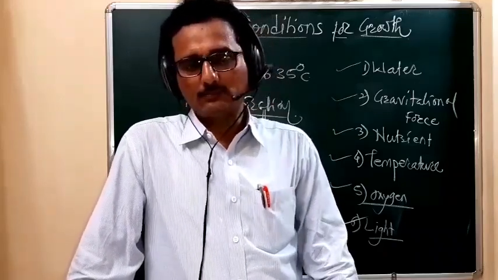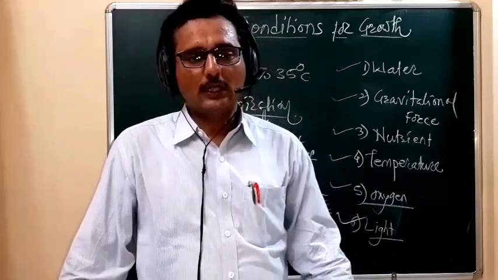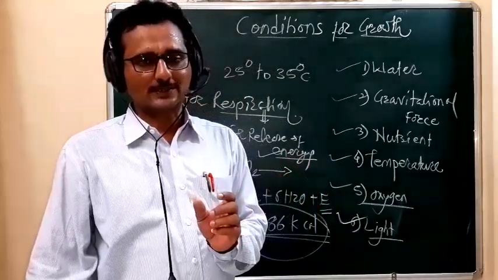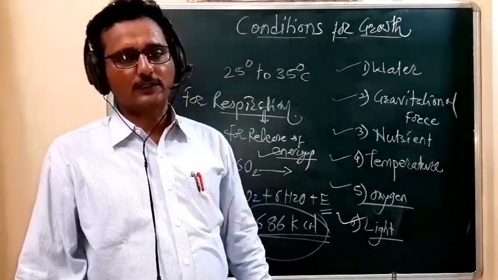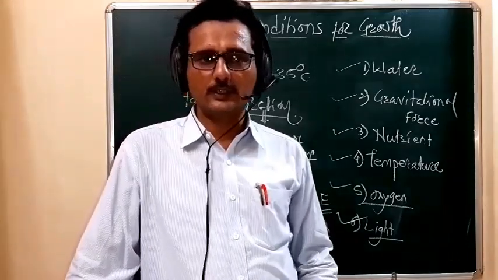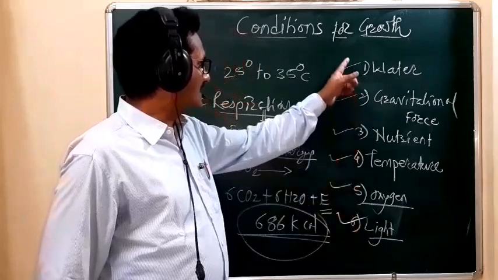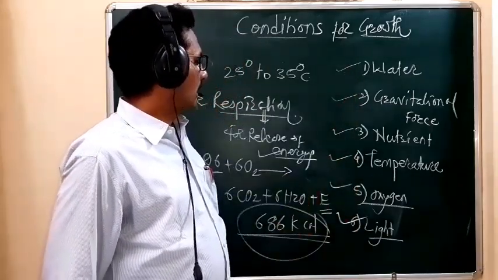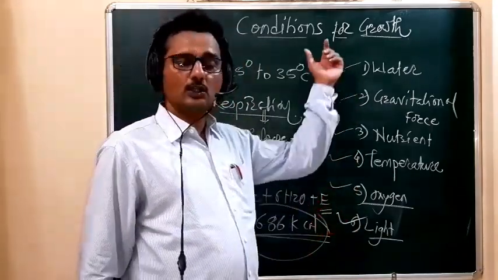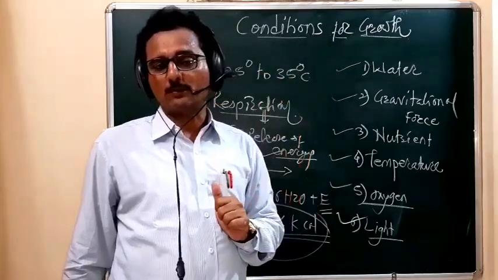So the photosynthesis process is most important for the synthesis of food material, so light is necessary. So remember, these 6 factors are required for the normal and healthy growth of the plant.